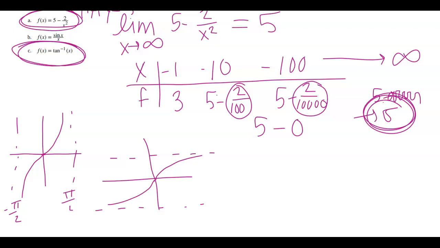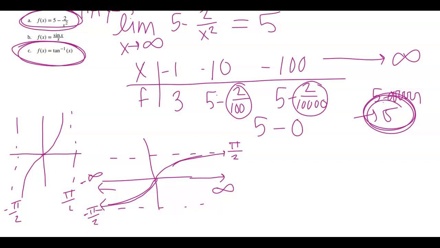So as I'm taking the inverse tangent of numbers that are getting really big, my graph here is going to approach pi over 2. On this other end, as I have x values that are getting really big in the negative direction, I get negative pi over 2.